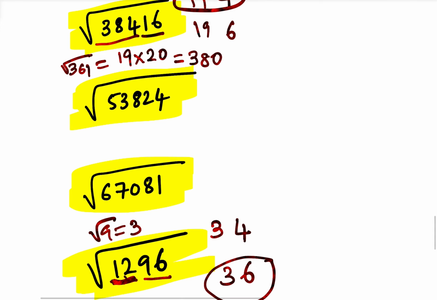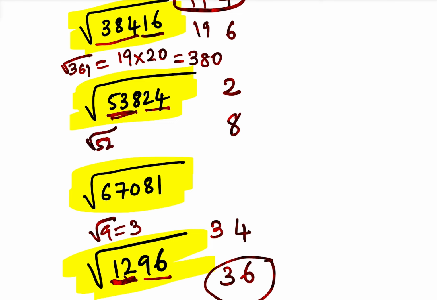Next, 53824. Break this into two parts: last digit one part, rest another part. If the last digit is 4, it can be possible for 2 or 8. Now 538. Find a perfect square close to 538 and less than 538. It is 529.